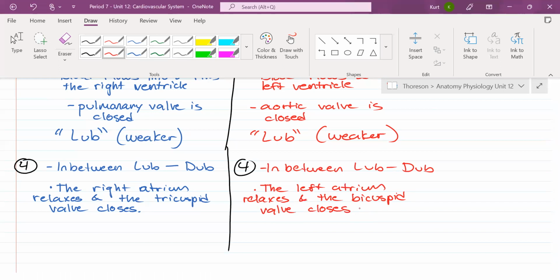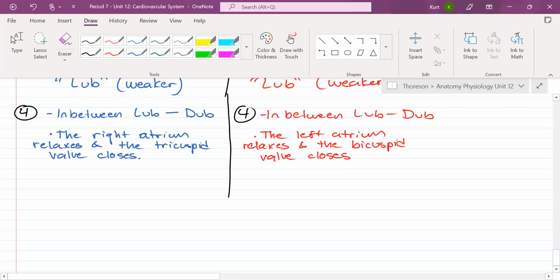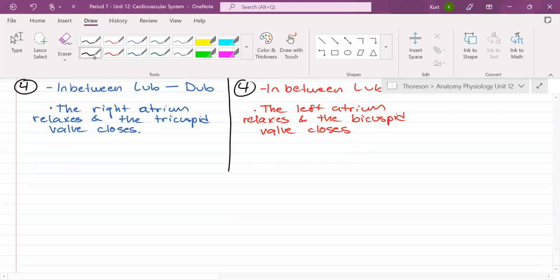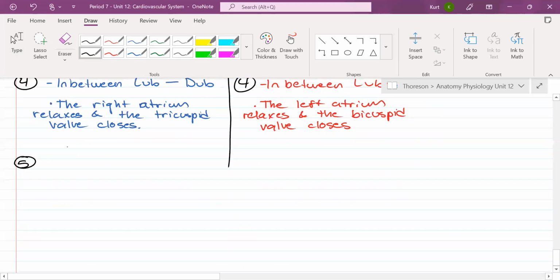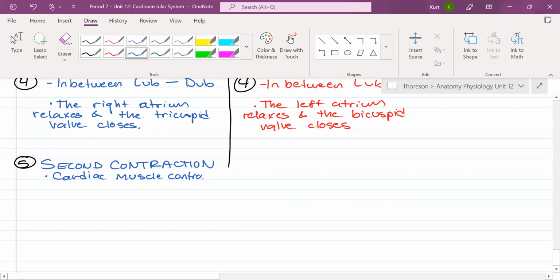You don't want it to go backwards. Not good. All right. Now, here comes the big one. What did I put earlier? This is the second contraction. This is the dub. Cardiac muscle contracts. And this is going to be a much more powerful contraction than the lub. This is very powerful.